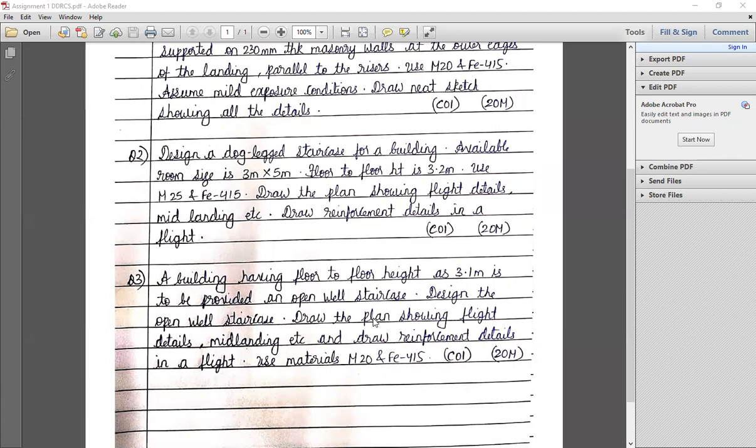So 7 steps in flight 1 and 7 for 1 and 3, 3 for flight 2. Is that correct? Others, yes sir. सेम मिल रहा है.